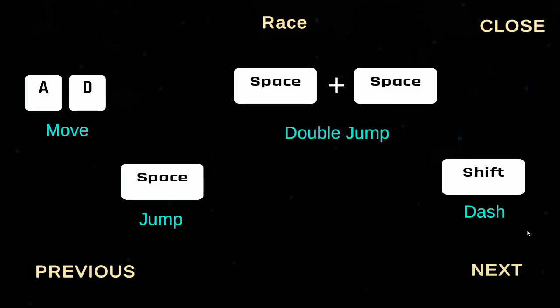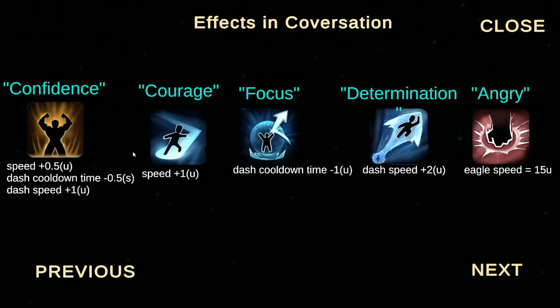So jump, double jump, dash. Yeah, we've got all of that. So here we go. So it's just your dash, cooldown, dash speed, speed. So we can make the eagle angry, and that makes the eagle faster. So we don't want to make the eagle angry, or is that good? Or is that if your confidence, it says speed plus 0.5.